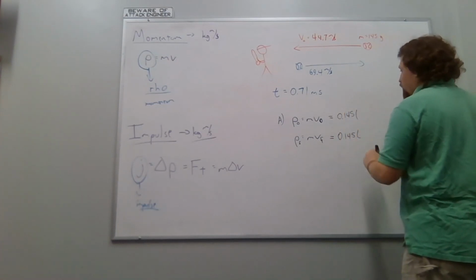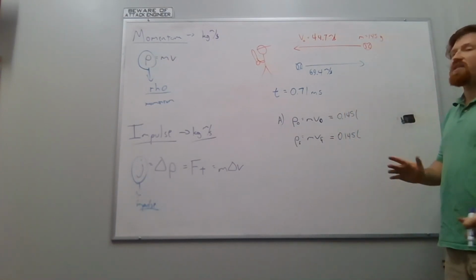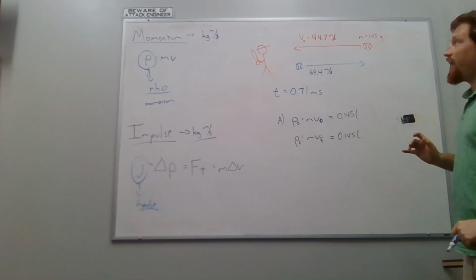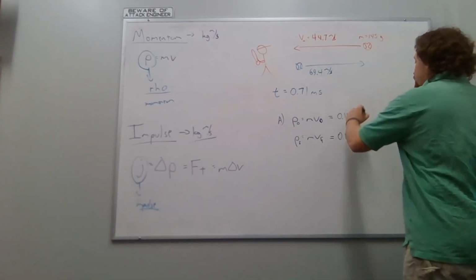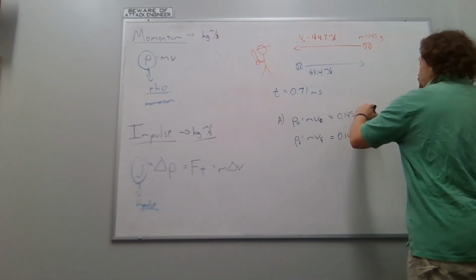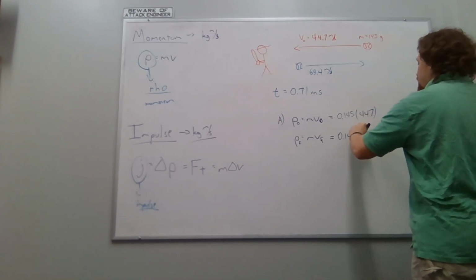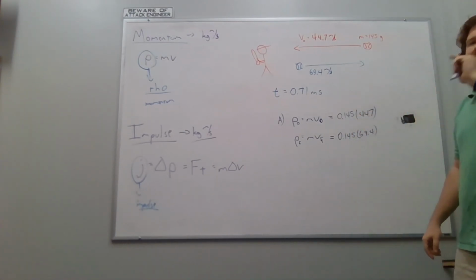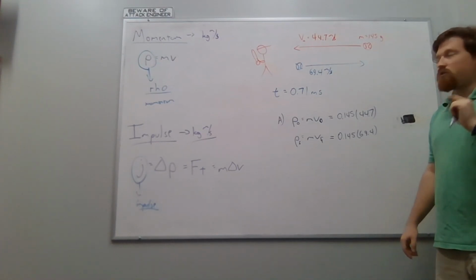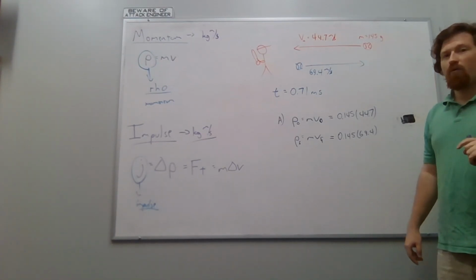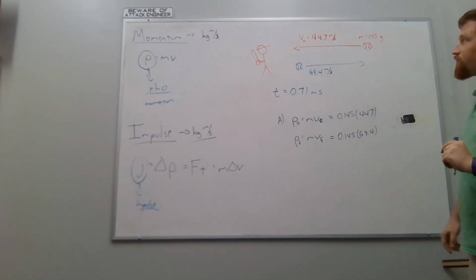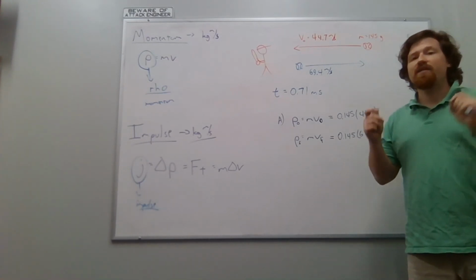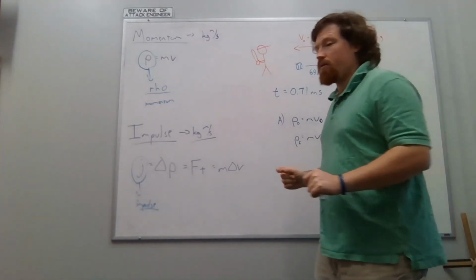And then we're going to multiply by the velocity of the ball before and after. Before impact, the ball was moving at 44.7. After impact, the ball was moving at 69.4 in the opposite direction. The direction of the ball is very important here, because velocity is a vector. The direction matters.